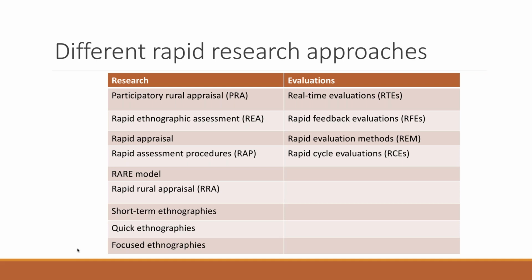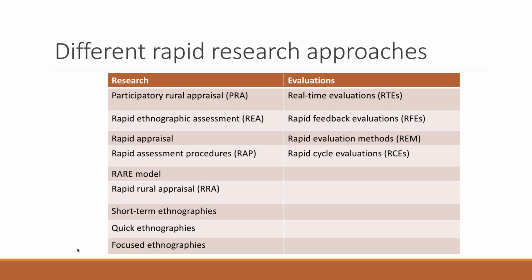Many of these have in some shape or form cross-fertilized over the years. Sometimes these labels are used interchangeably, but having said that, each of these have their own features and their own characteristics. So in that book, I try to map that out for you, especially if you're just starting out, to find out what is this field of rapid qualitative research.